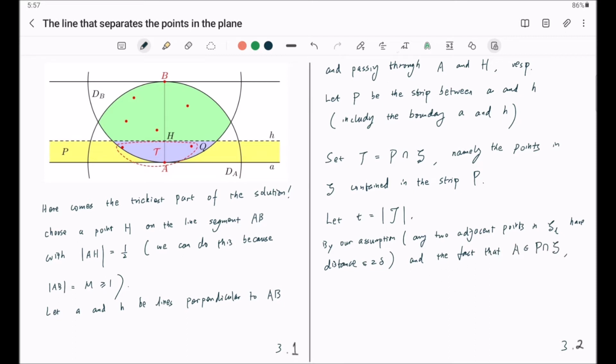And the fact that this A is a point in P intersection S. Here we are using that P contains its lower boundary.